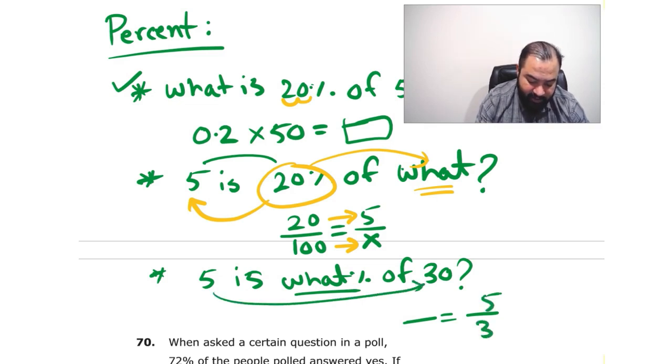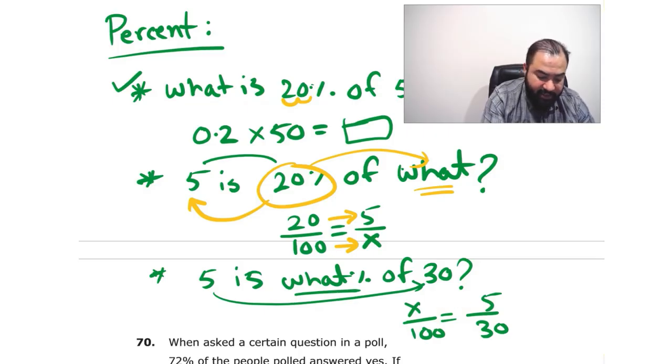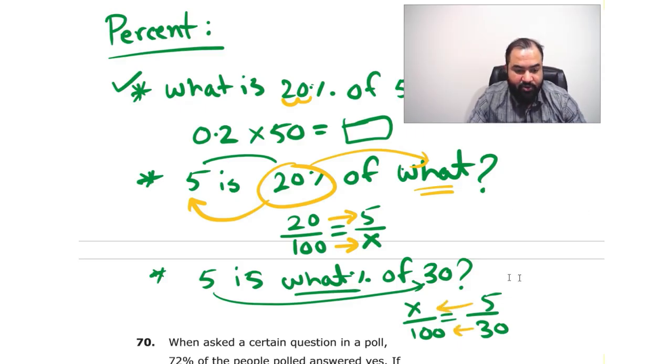So 5 out of the 30, which is the whole thing. I don't know 5 is what percent, but I know the 30 is the 100%, the total. The percentage of 5 is missing. But 30 is the total, that's 100%. Now you can just cross multiply and find it. I'm assuming you know how to do cross multiplication already.